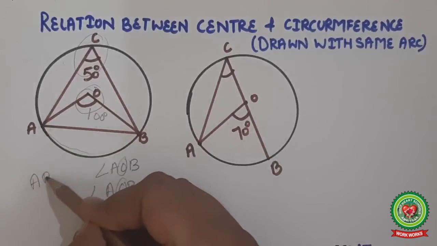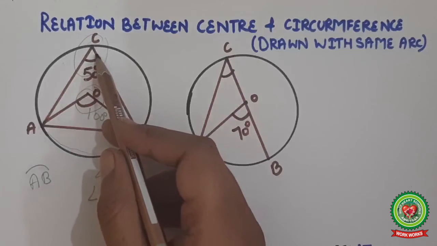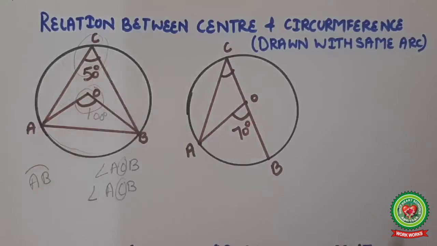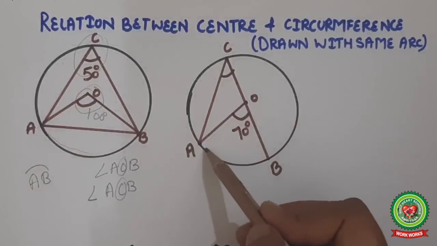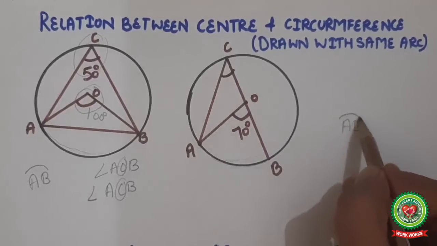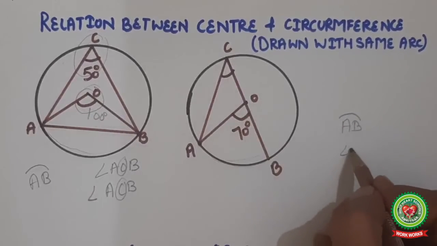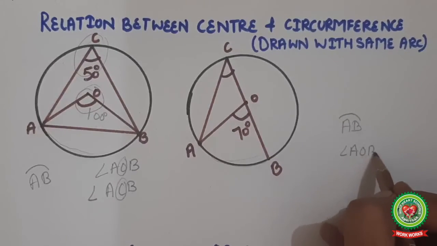AB is the arc by which angle O is made, and similarly angle C is also made. See another figure here, arc AB. Which angle is made? The same angle AOB at the center.